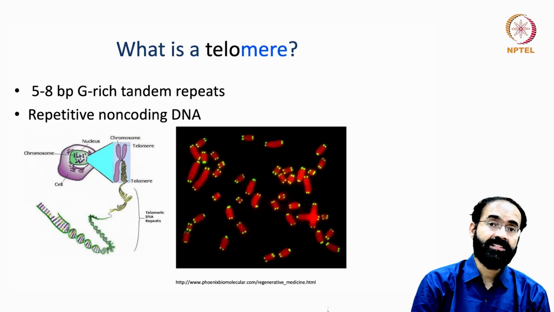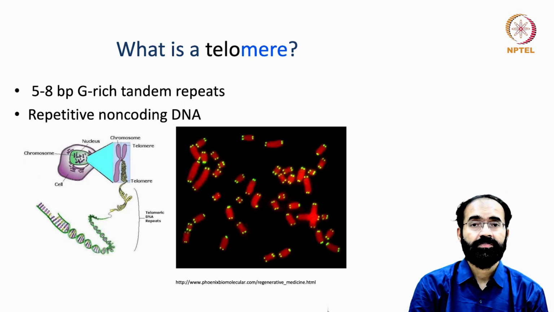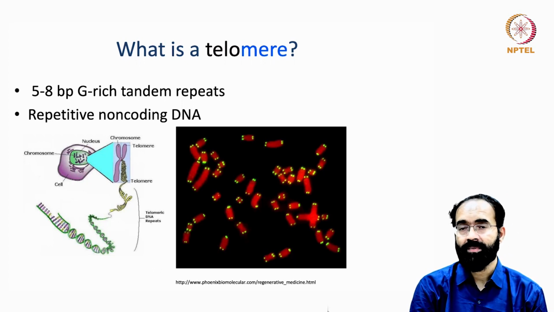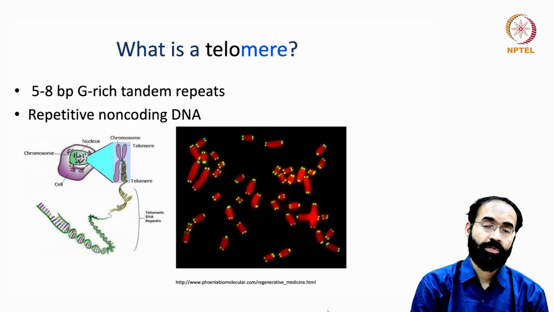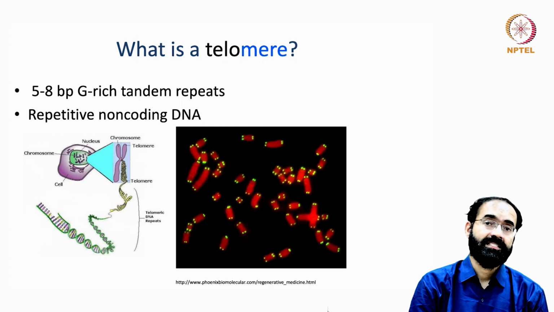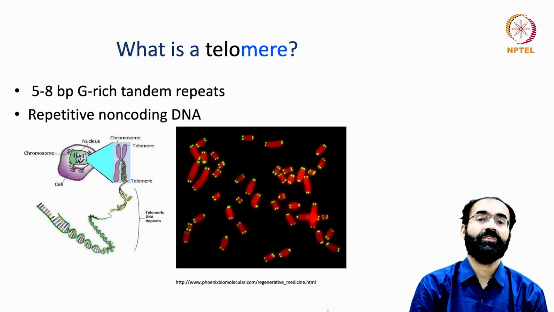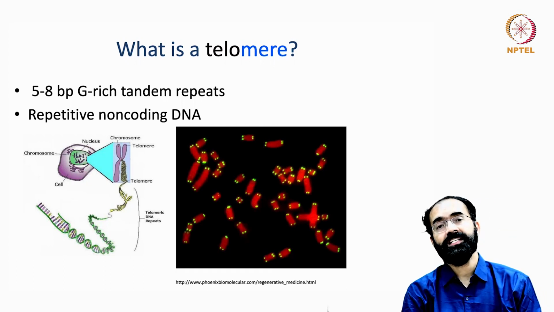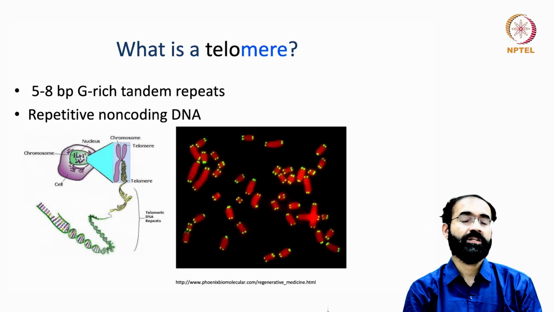Whereas the other strand, the lagging strand, will not be able to complete the synthesis towards the tip because of lack of space. So one strand is 1 to 100, whereas the other one will be 1 to 90 only.